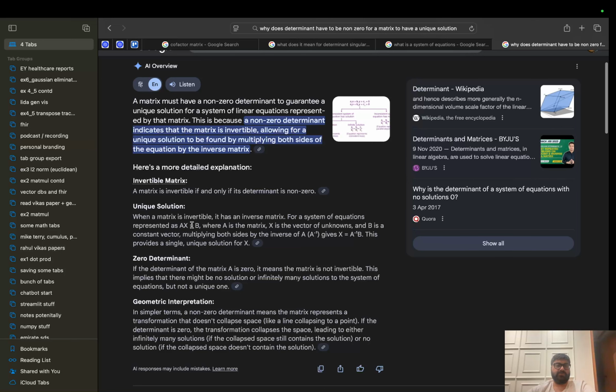For a system of equations represented as Ax = b, where A is the matrix, x is the vector of unknowns, and b is a constant vector, multiplying both sides by the inverse of A gives x = A inverse b. This provides a single unique solution for x.